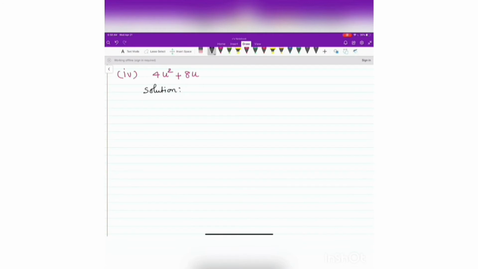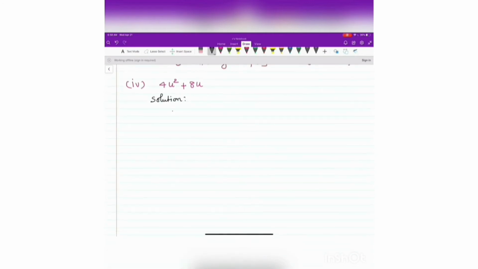So, I can write it as let f of u is equal to 4u square plus 8u. Now my aim is to factorize this. It's very easy to factorize. I can take out 4u, then inside I will have u plus 2. That's all. Very simple.